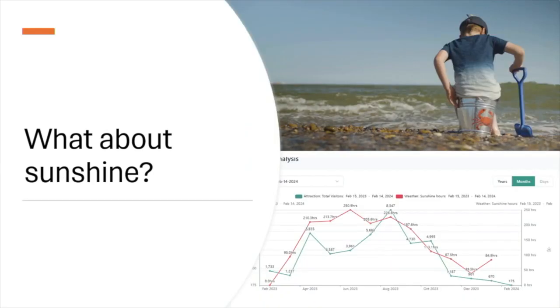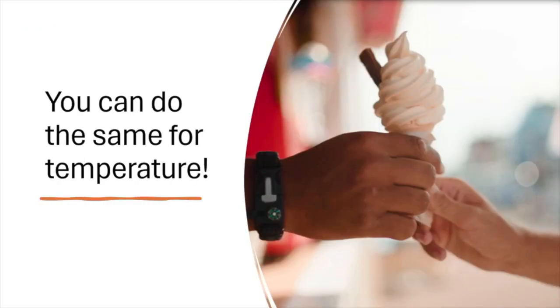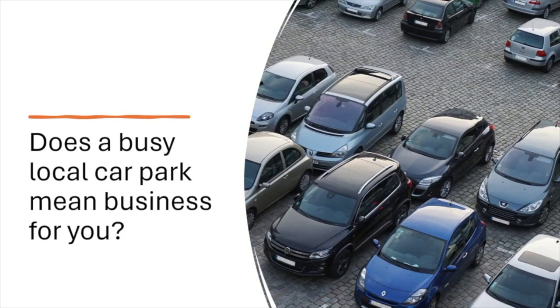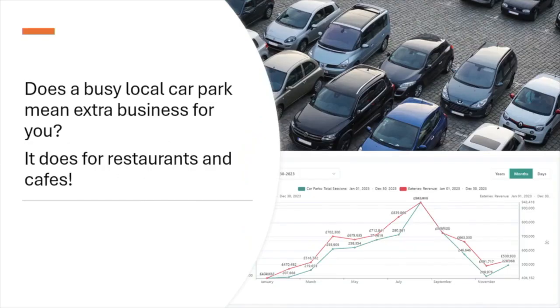You can plot local weather against your attendance figures. You can do the same based on average temperatures. If local car parks are full, does it reflect on your own business? As can be seen from this graph, I mean chart, Annie, not graph, car park data compared to covers taken in restaurants and cafes are certainly linked.